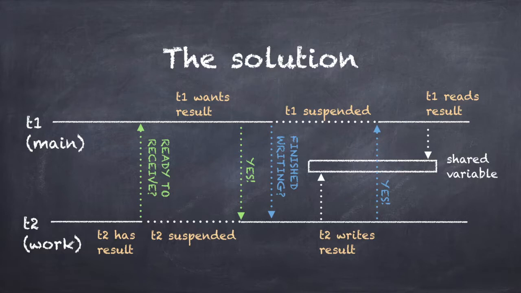The main thread should signal to the work thread that it is ready to receive a result, and then it should ask the work thread if it has finished writing the result and suspend until it gets a confirmation. This bidirectional communication channel with symmetrical signal and ask actions at both ends is a very common programming construct. It sets up a very robust communication channel between threads.